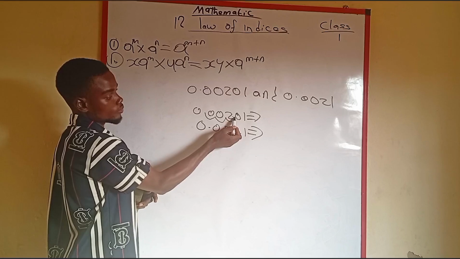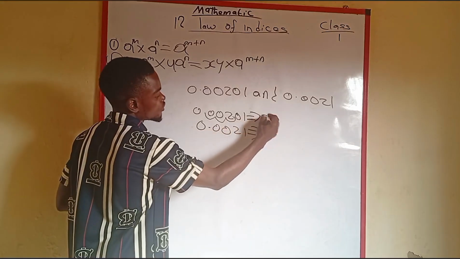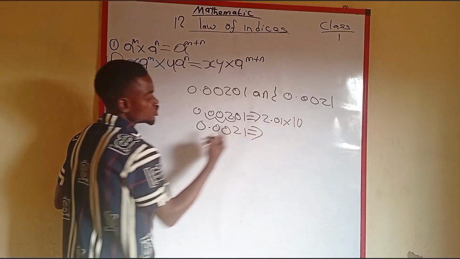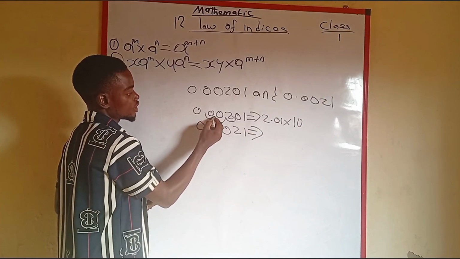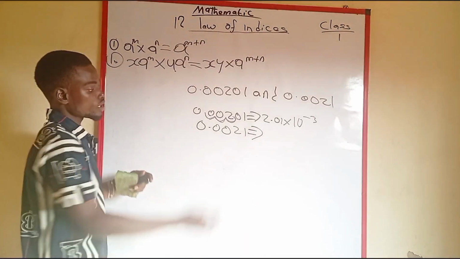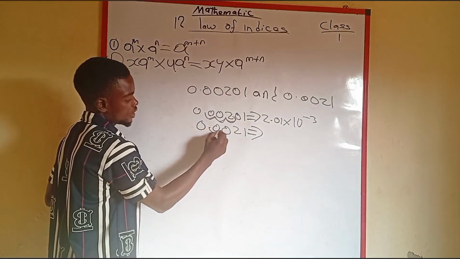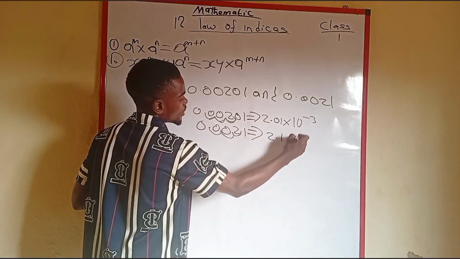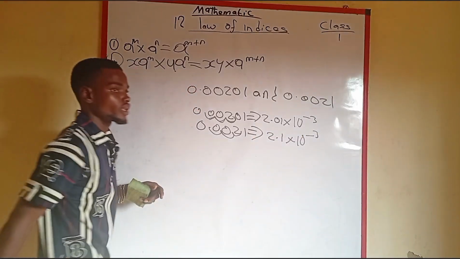You stop from where the number started, so I'm going to have 2.01 multiplied by 10 to the power -3. From this one, I have -1, -2, -3, so I have 2.1 multiplied by 10 to the power -3.